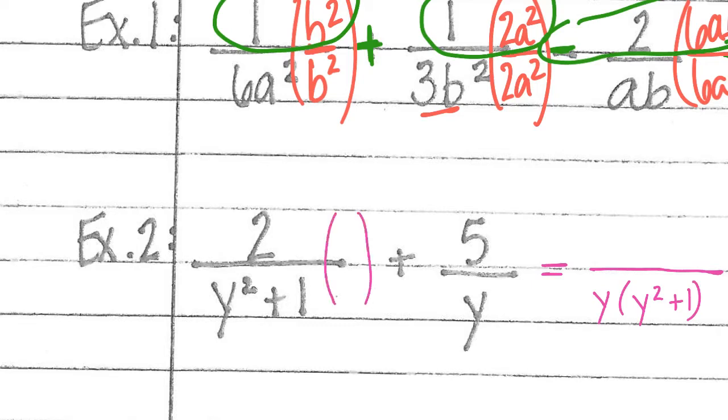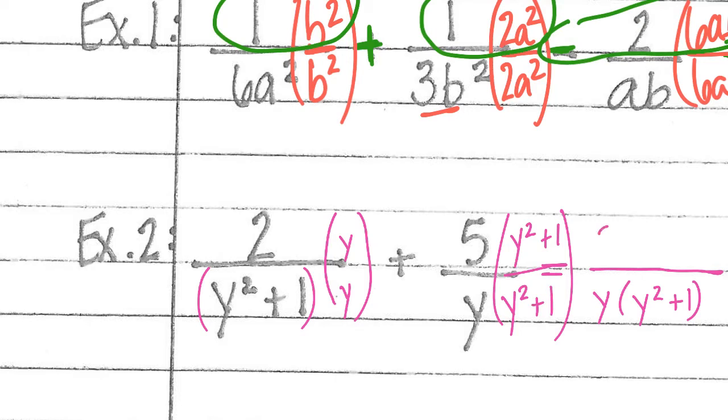So to get from here to y squared plus 1, I need to multiply each by y over y. To get from y, I'm going to multiply by y squared plus 1 over y squared plus 1. And it looks like I get 2y plus 5y squared plus 5.